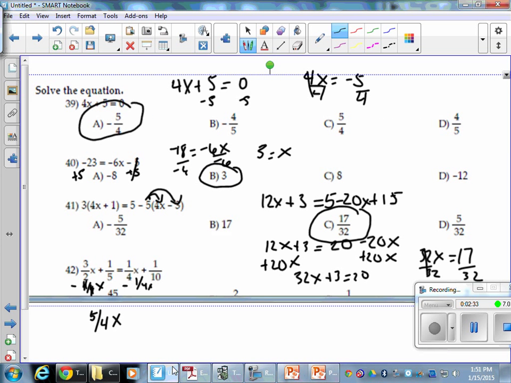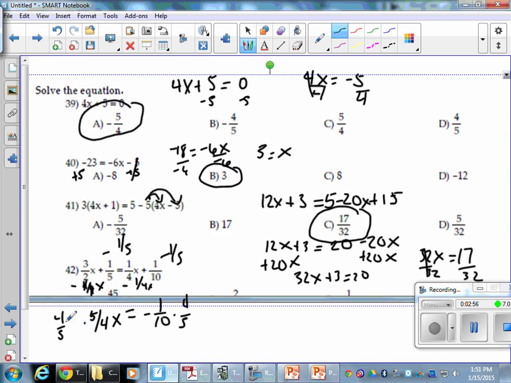So 5/4 x equals, and I'm going to subtract 1/5 from both sides. 1/10 minus 1/5 is negative 1/10. 5/4 x equals negative 1/10. To get rid of 5/4, because I need x all by itself, I would just multiply by the reciprocal, which is 4/5.